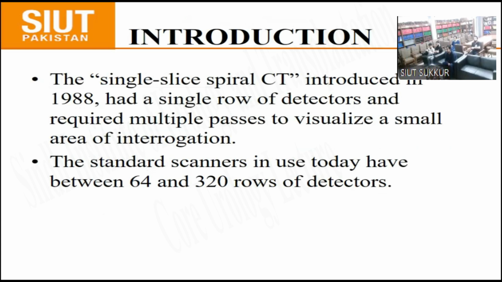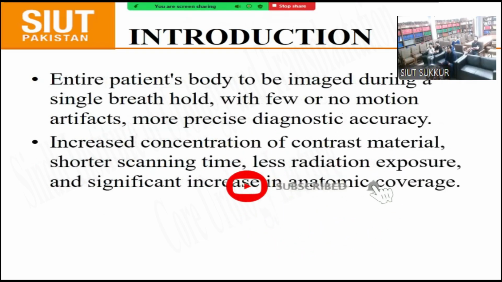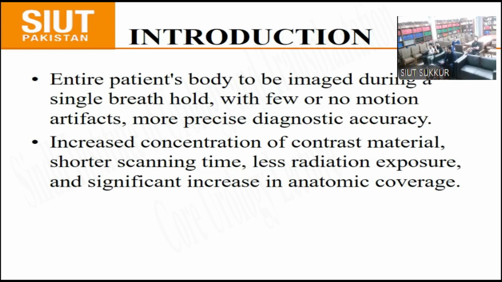But now the standard scanners used today have between 64 to 320 rows of detectors. So the entire patient's body can be imaged during a single breath hold with few or no motion artifacts, more precise diagnostic accuracy, increased concentration of contrast material, shorter scanning time, less radiation exposure, and a significant increase in the anatomic coverage.